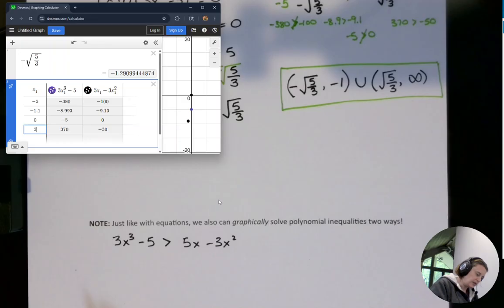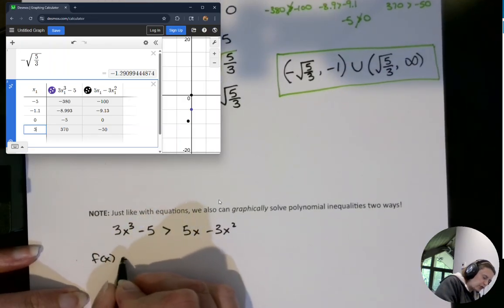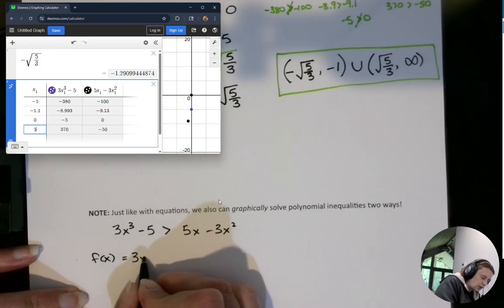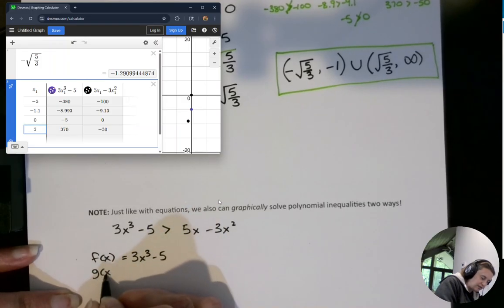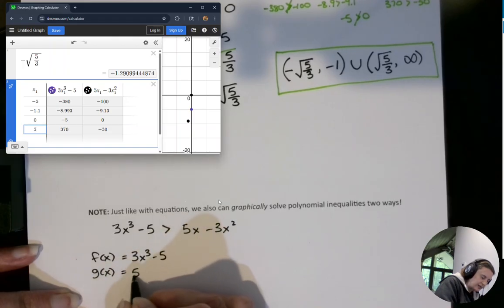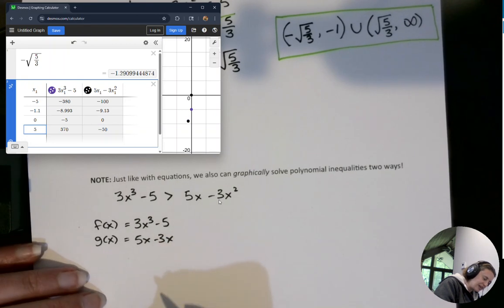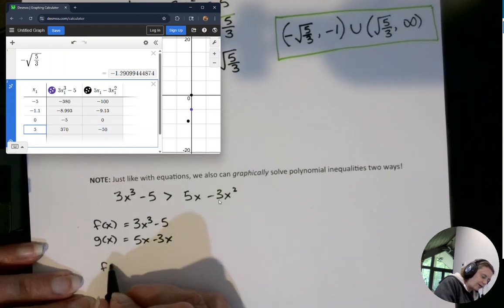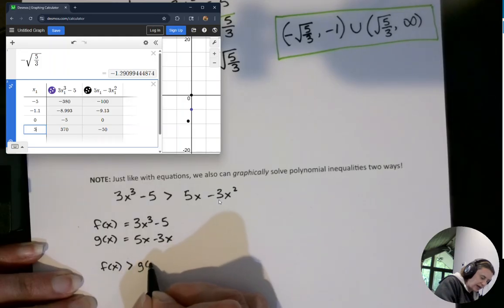So one of the ways would be to do an f of x for the left-hand side and a g of x for the right-hand side. And then on the graph, try to visually see where the left-hand side is bigger than the right-hand side.